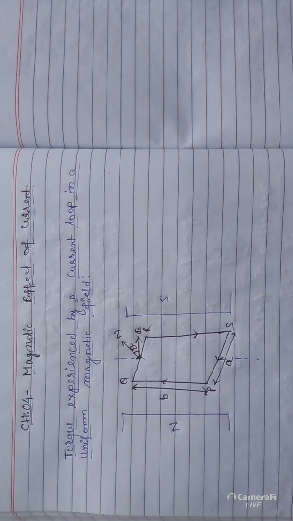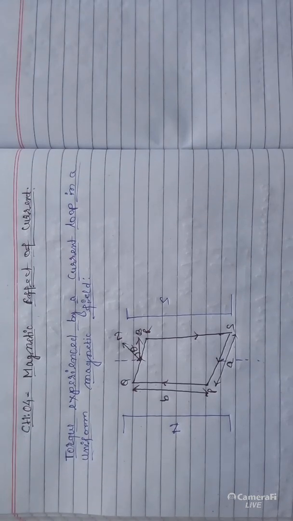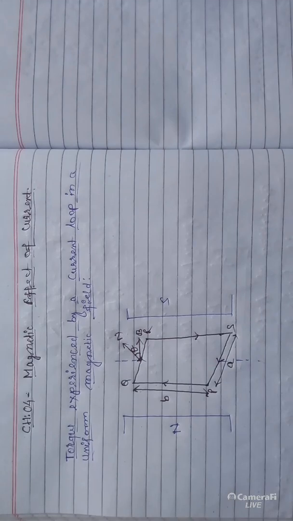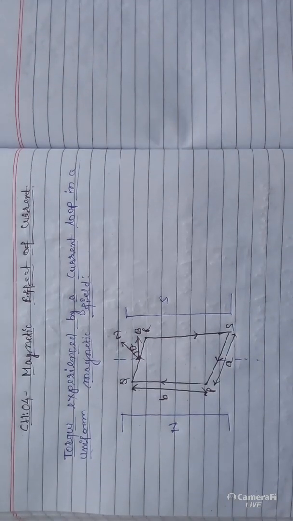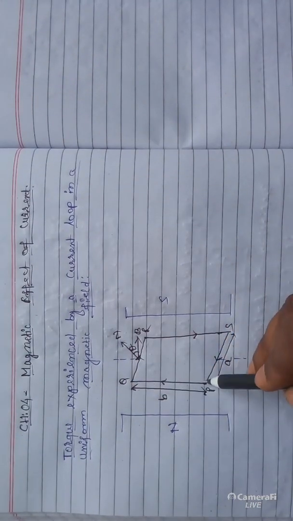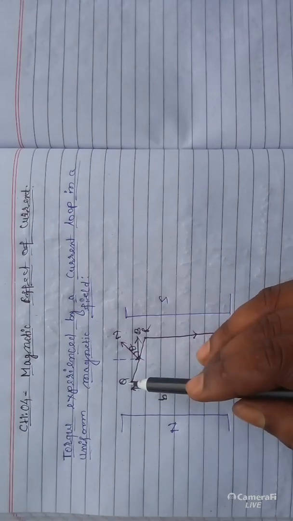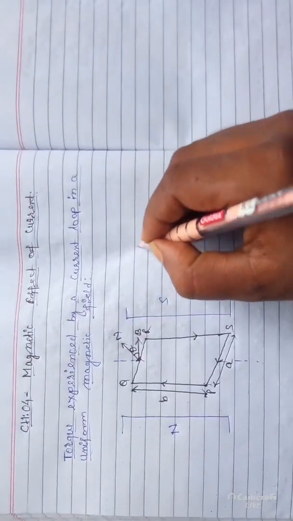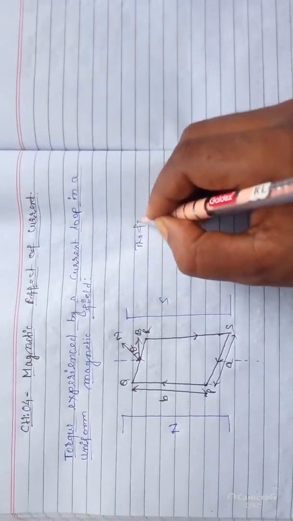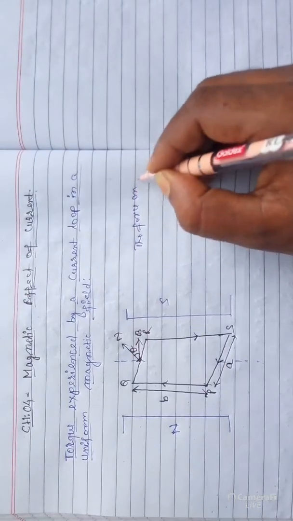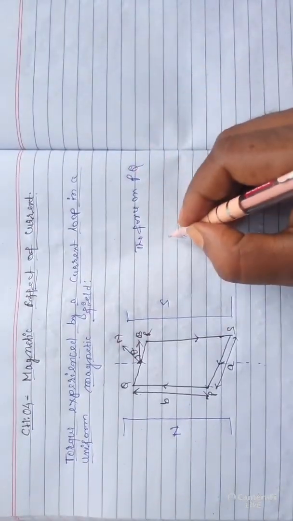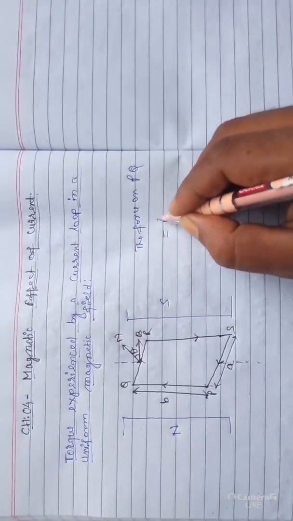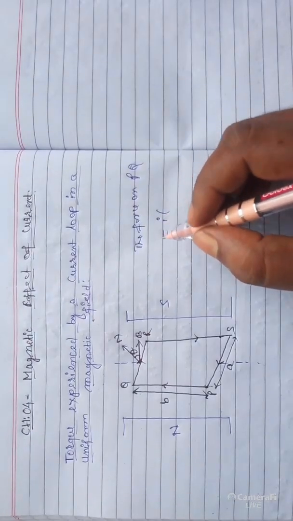What will be the force? We will discuss. So what is the force on the wire PQ? The force on PQ is equal to I L cross B. What is the length?